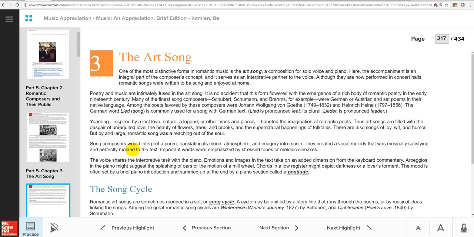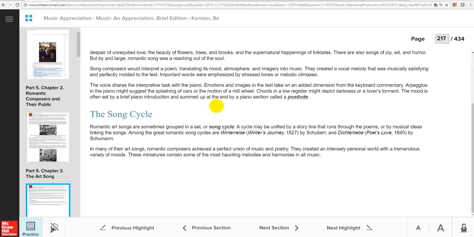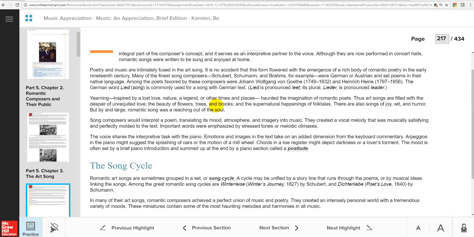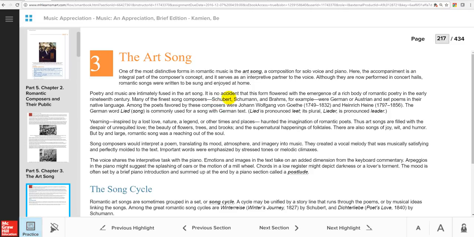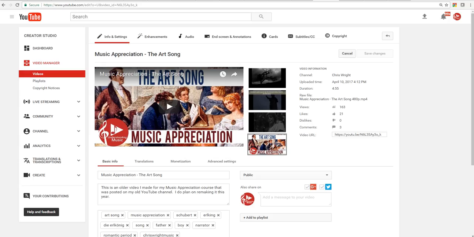In the current text they don't really address that. That's more addressed back when they initially talked about form, and quite honestly it's not a huge part of the discussion of art songs, at least not in the circles that I've discussed it in.